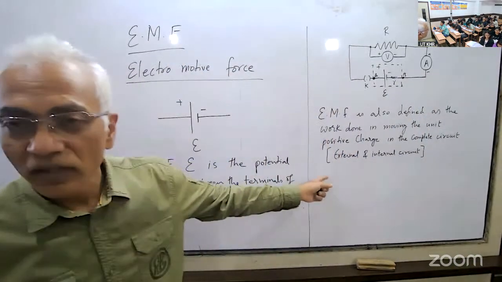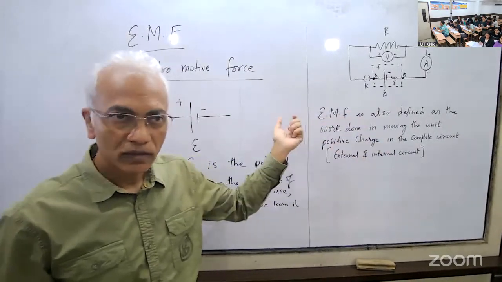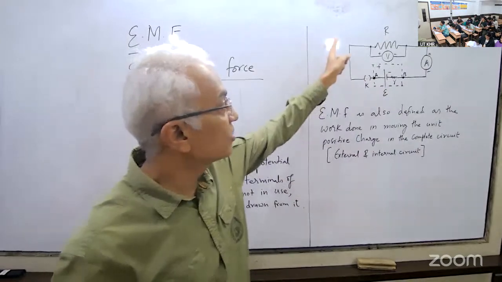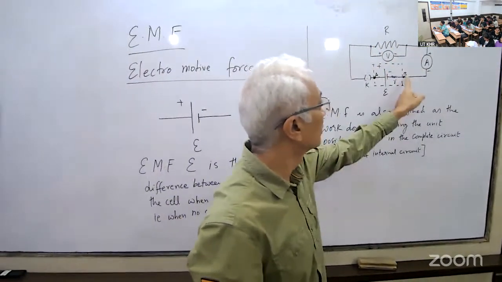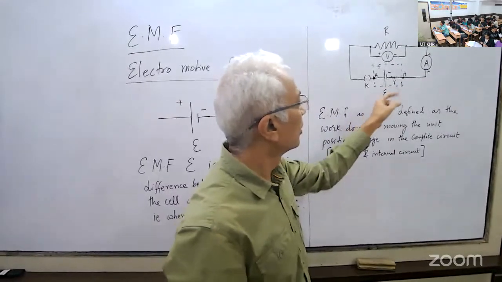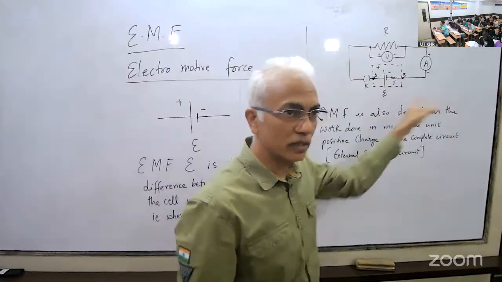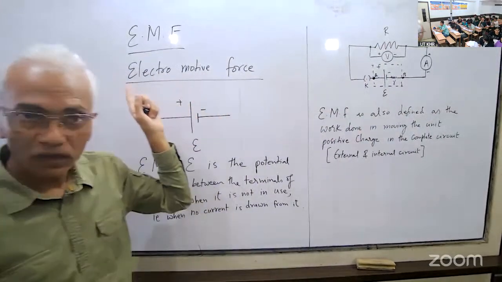What is the external circuit? Outside the cell. What is the internal circuit? Inside the cell. So A to B is the external circuit, B to A is internal, and A to A is the full circuit. Is that clear?